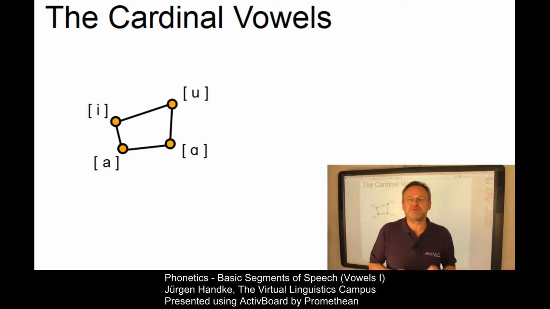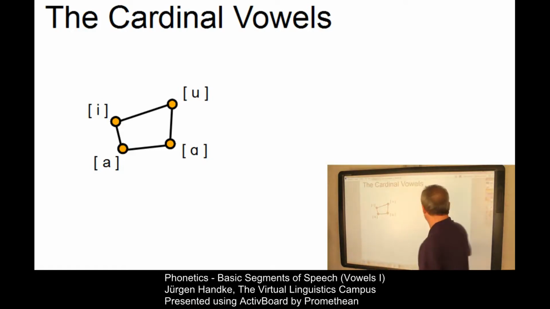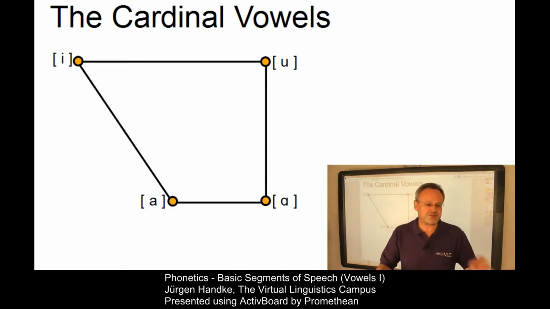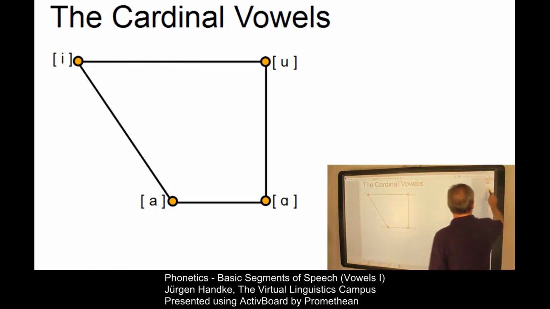In a modified form with clearly defined geometrical proportions, this quadrilateral may now serve as a reference model for the definition of the articulation of further vowels. The proportions of this reference model or coordinate system are clear, and this is how to construct it.